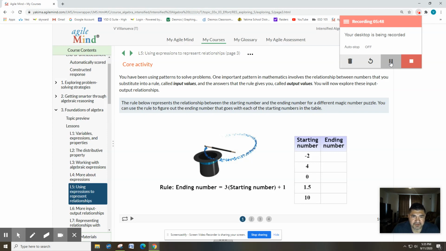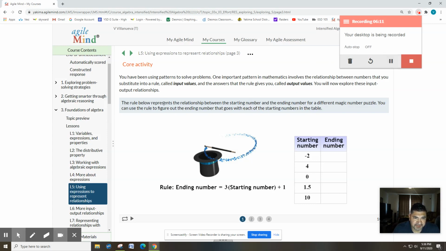One important pattern in mathematics involves a relationship between numbers that you substitute into a rule called input values. And the answers that the rule gives you are called output values. You will now explore these input-output relationships.